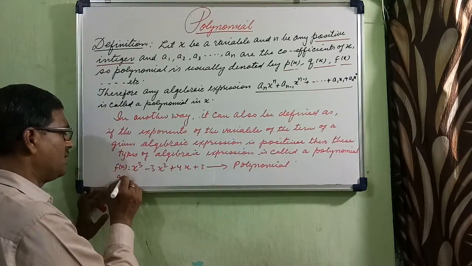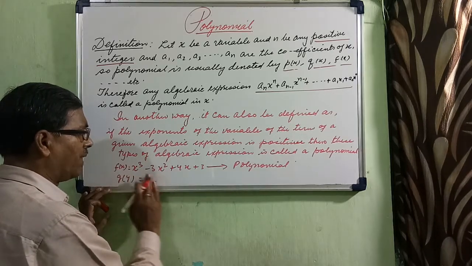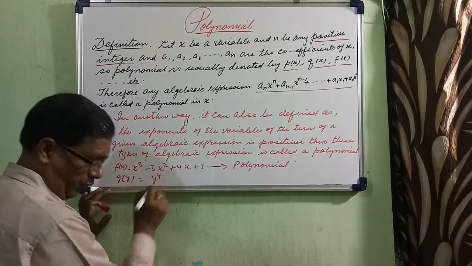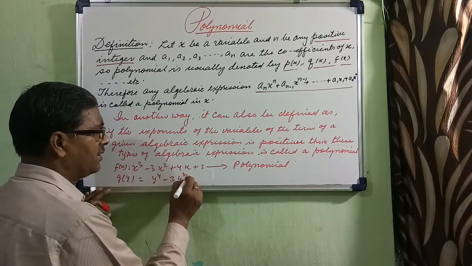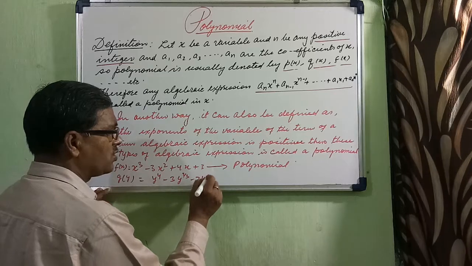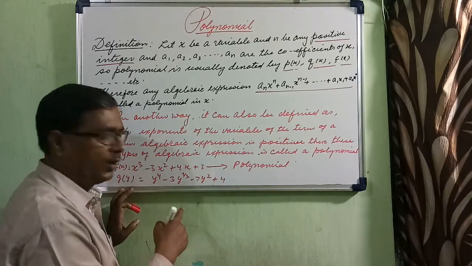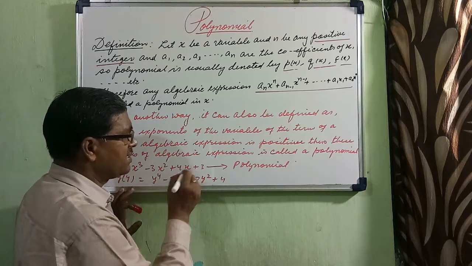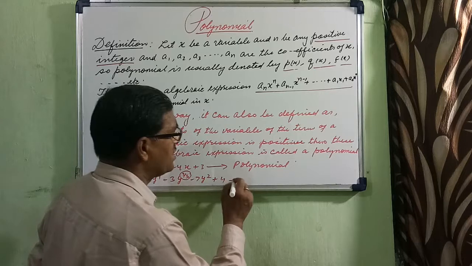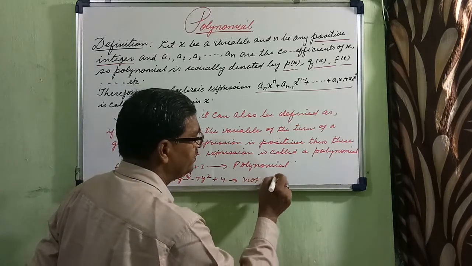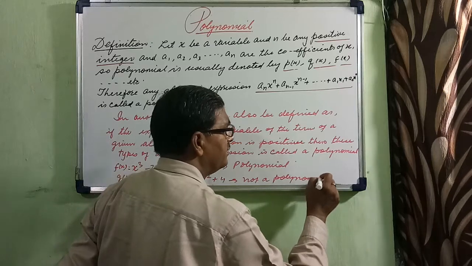But if I say g(y) is equal to x y to the power 4 minus 3 y 2 by 3 minus 7 y square plus 4, will it be called a polynomial? No. Why? Because this is a fraction and a fraction is not an integer. So it is not a polynomial.